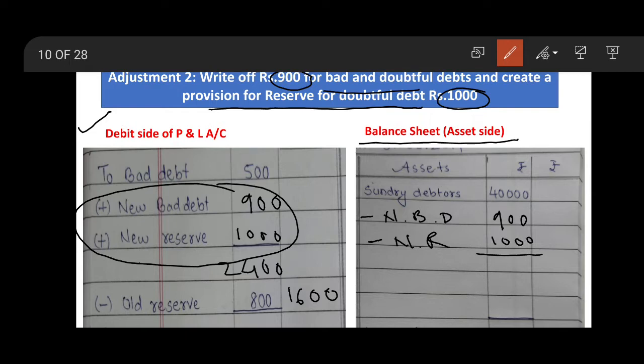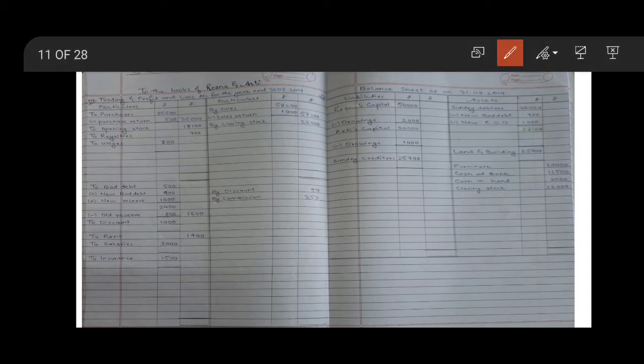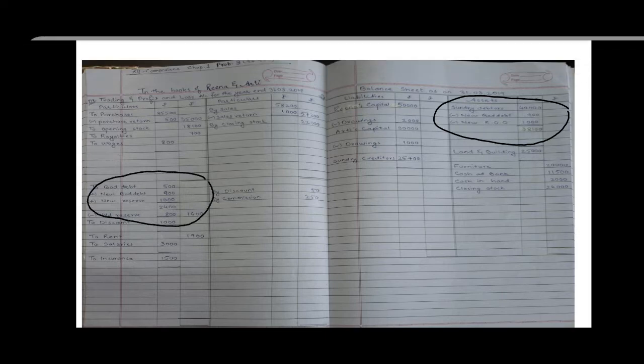So keep this amount inside only, 38,100, and we will leave one more line because we have a second adjustment on the debtors. Then see, in this way we have worked on the debtors and on the bad debts.